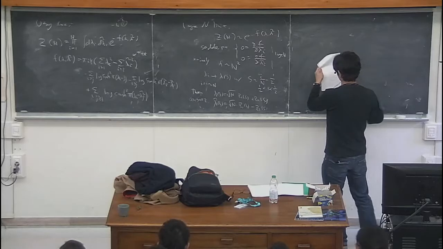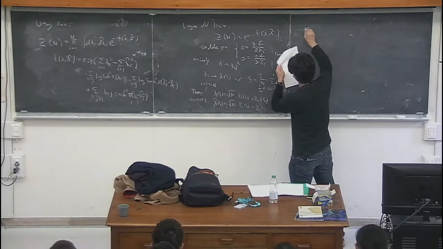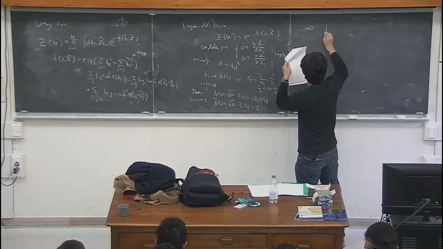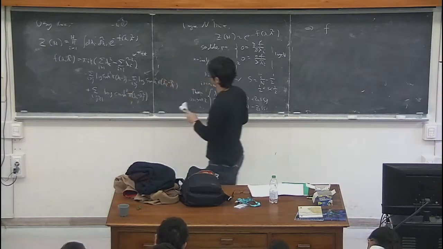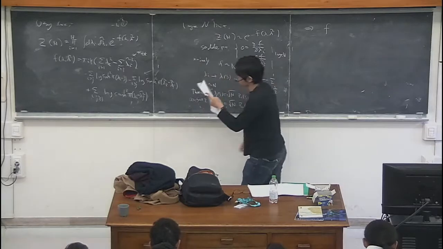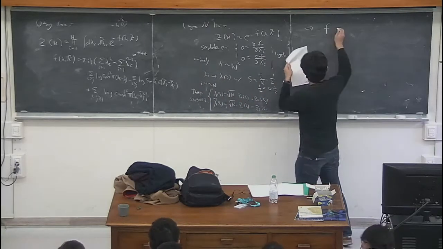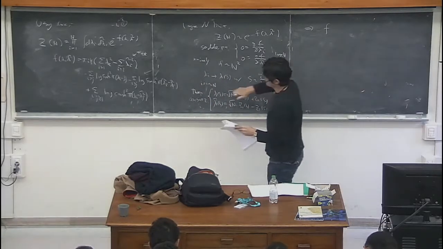Then after some computation, which is actually non-trivial, we can compute this free energy F for this ansatz. Then there is some cancellation of the n squared between this one and this one.